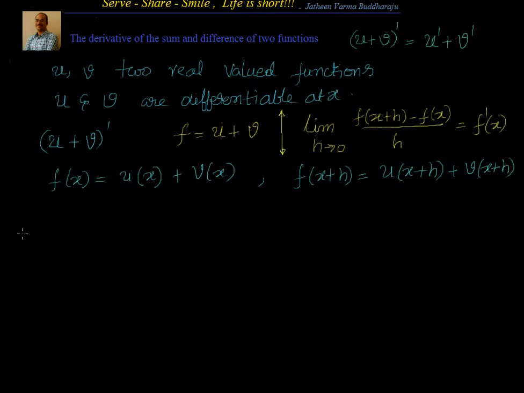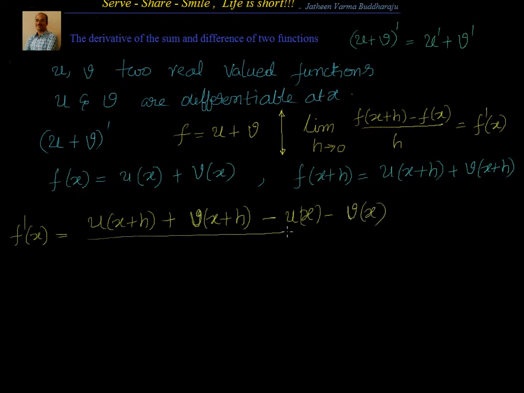Now we'll apply the formula: f dash of x is equal to u of x plus h plus v of x plus h minus f of x, that means minus u of x minus v of x, divided by h.